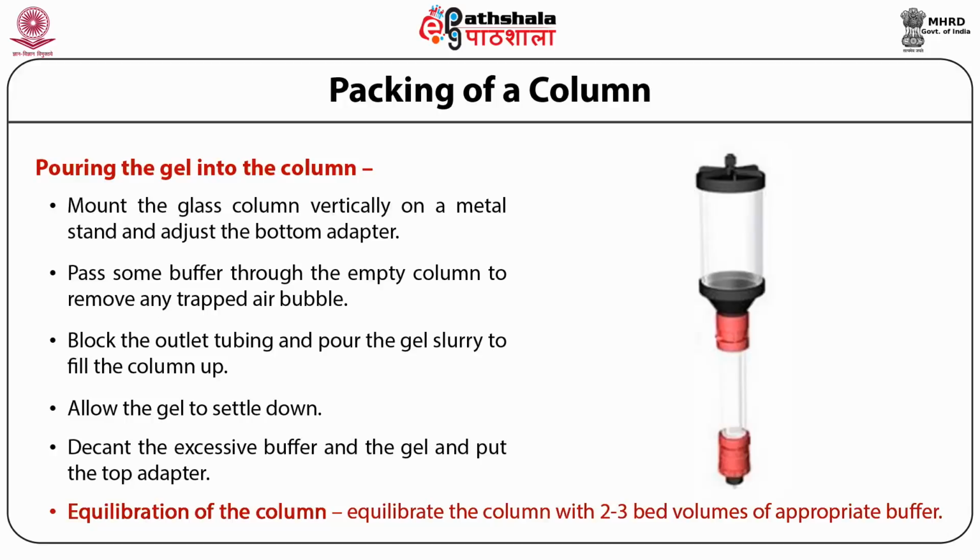A gel reservoir should also be used for smooth and continuous pouring of the gel. Allow it to settle down, decant the excess buffer, and put the top adapter on top of the gel.